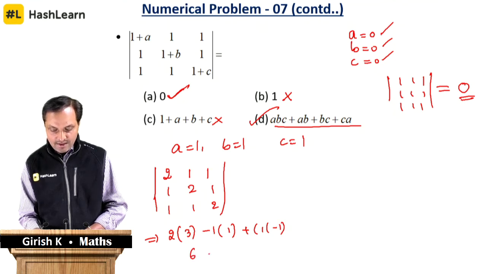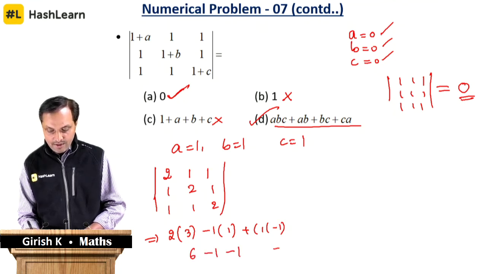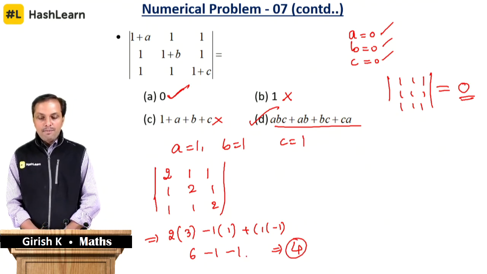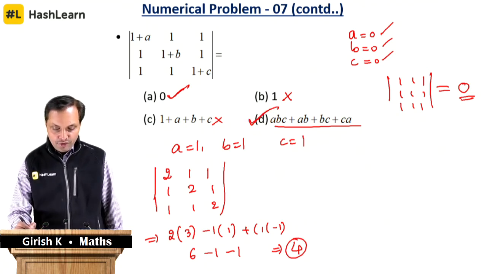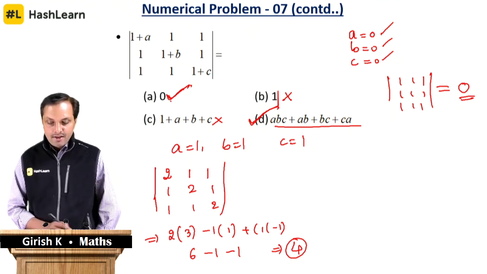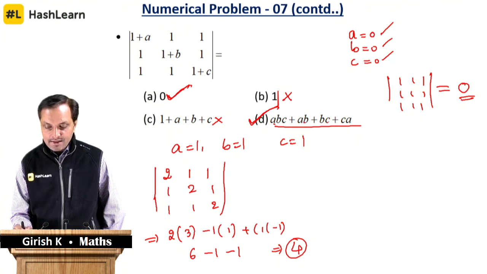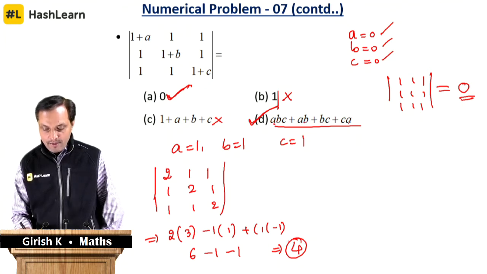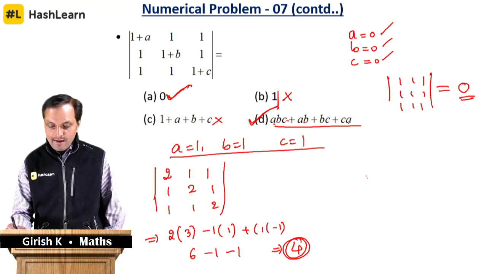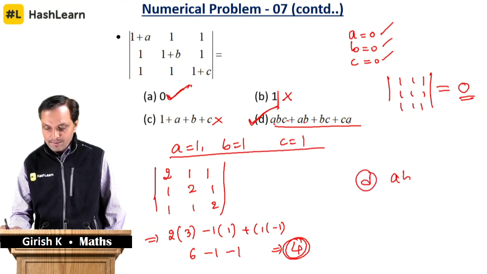So that will give you 6 minus 1 minus 1, which gives you 4. Here we have selected two options: one is 0, the other one is ABC, AB, CA. So we should get 4 when A, B, C is 1. Therefore we will substitute in option D.